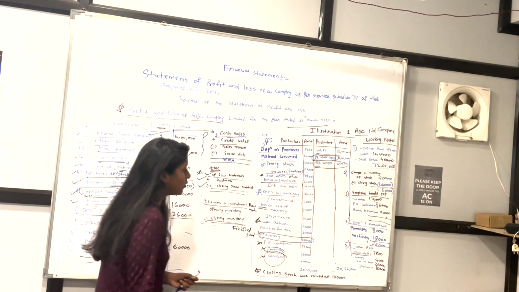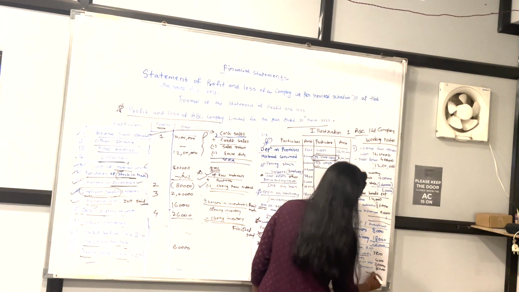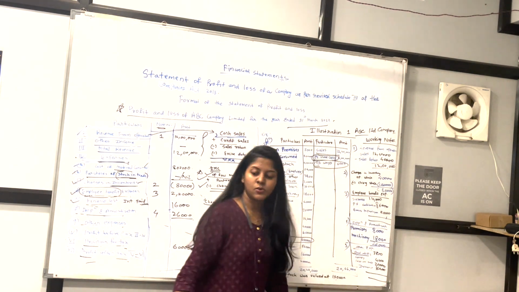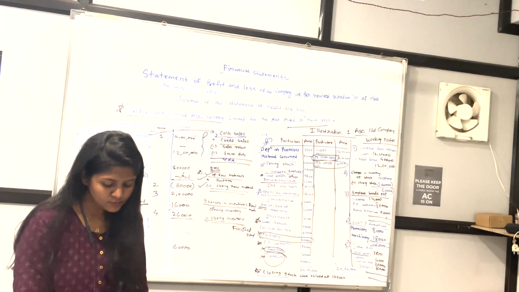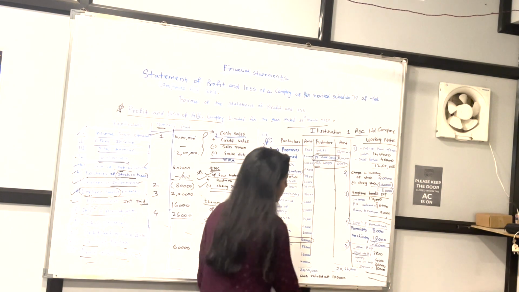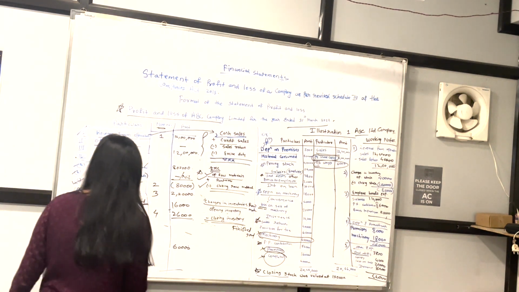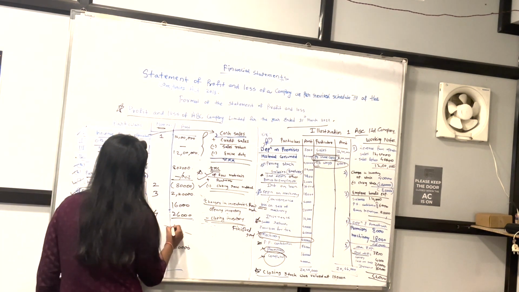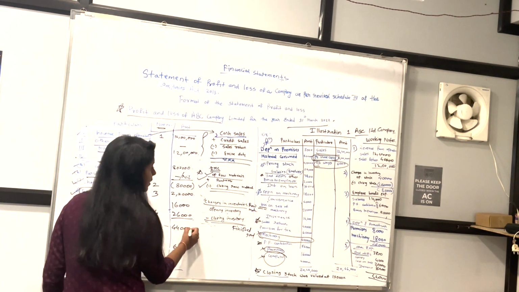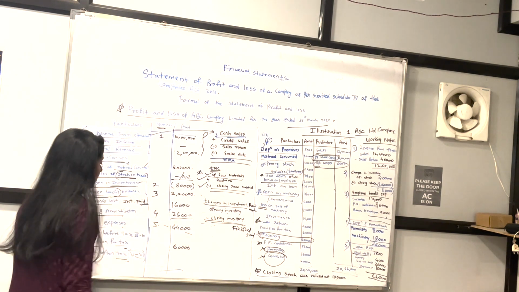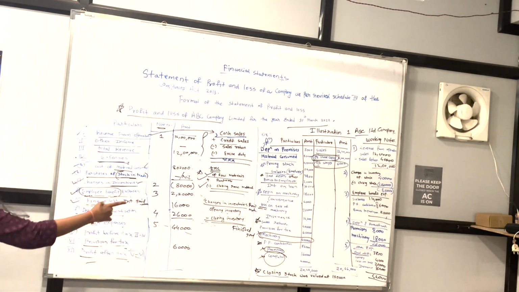You have to add all this amount, and then what's the total? 44,000. So you have to take other expenses 44,000. Fifth working note. Okay, working note number is fifth.